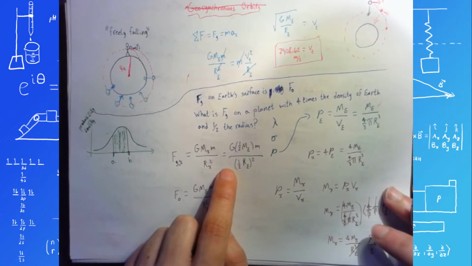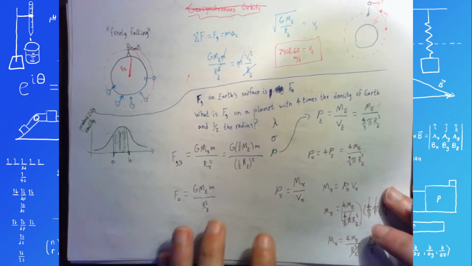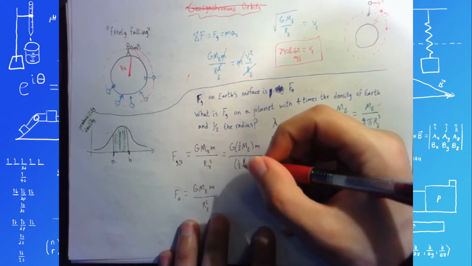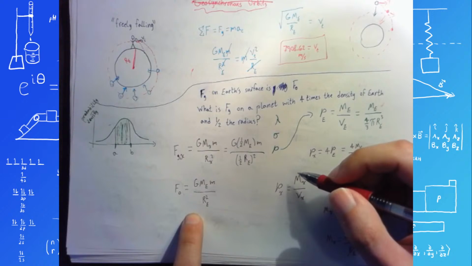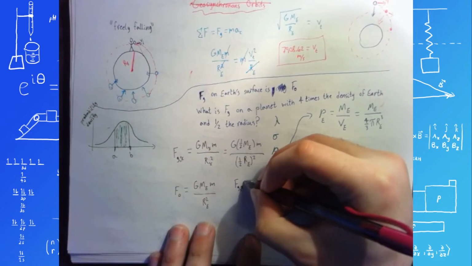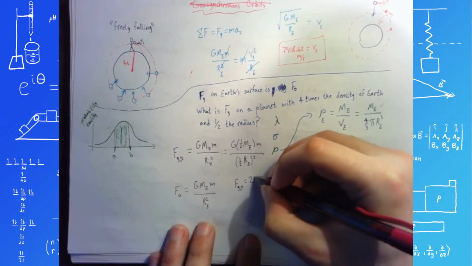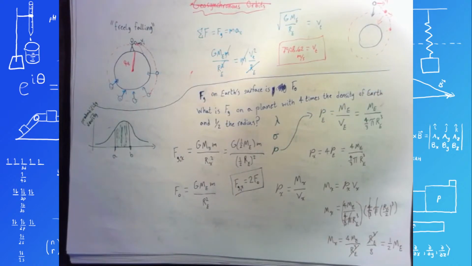So we're multiplying by 4, and we're also multiplying by a 1/2 in the top, 1/2 and 4. So overall, we're multiplying by 2. So this divided by this would be 2. So the force of gravity on planet X is equal to 2 times the force of gravity on Earth in this case.